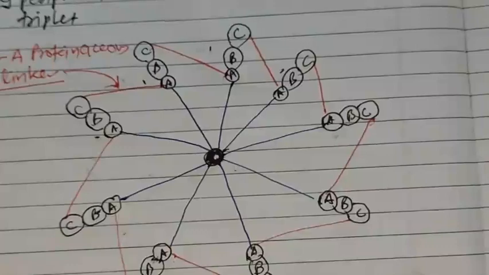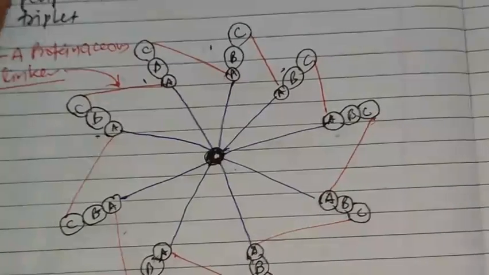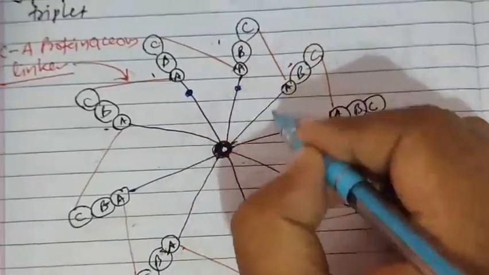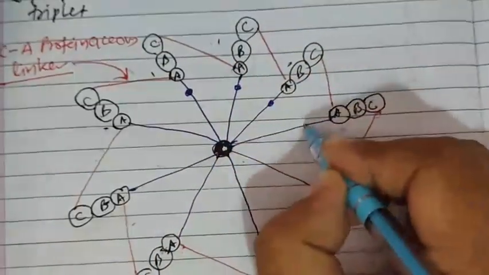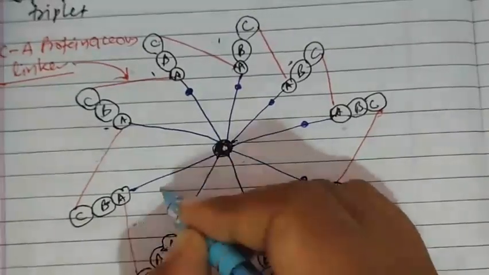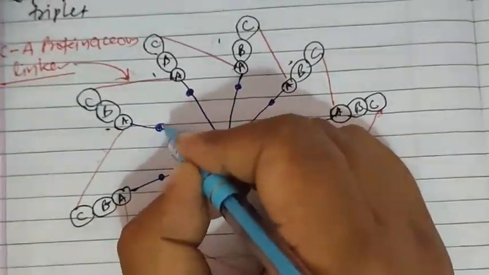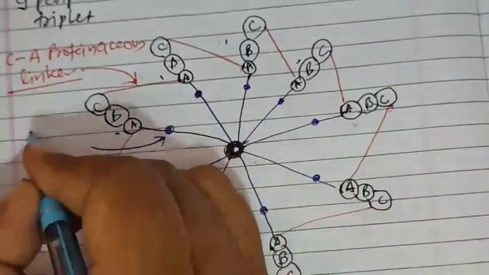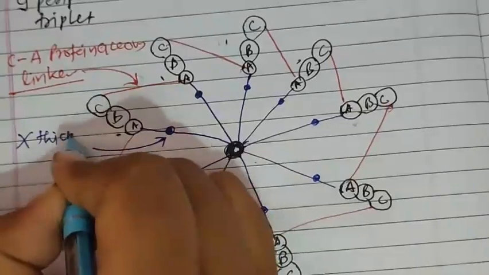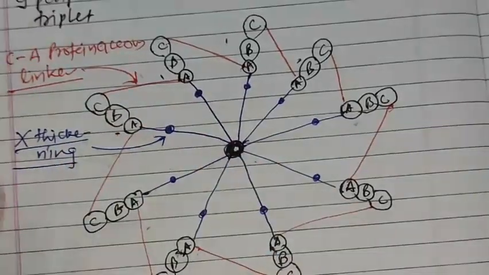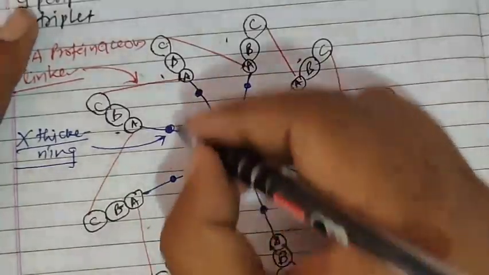And in this radial spoke, you will find a bulging structure before the A microtubule. They are known as X thickening. Now these two X thickenings join to each other and form a Y thickening.